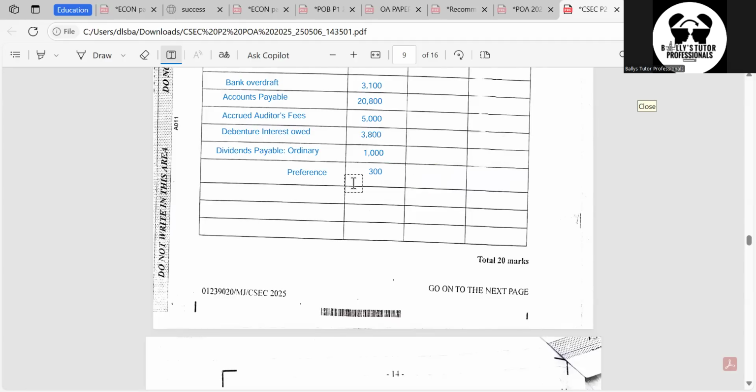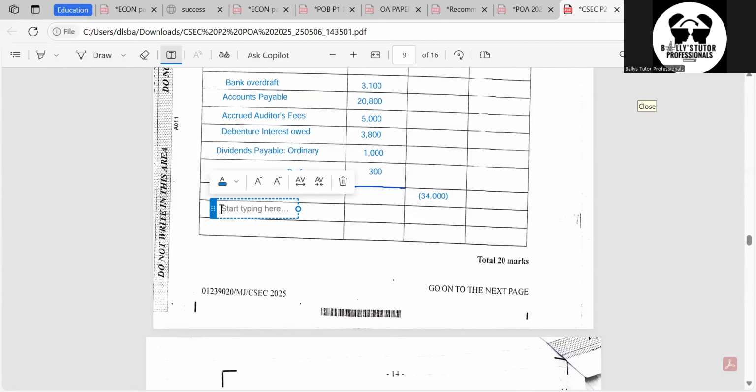We're going to add up all of that to get our total current liabilities. So 3,100 plus 20,800 plus 5,000 plus 3,800 plus 1,000 plus 300 adds up to exactly 34,000. That will be our total current liabilities.